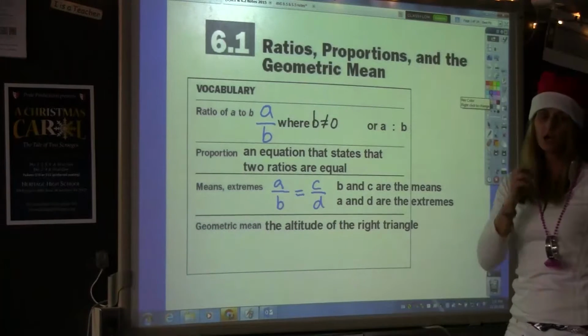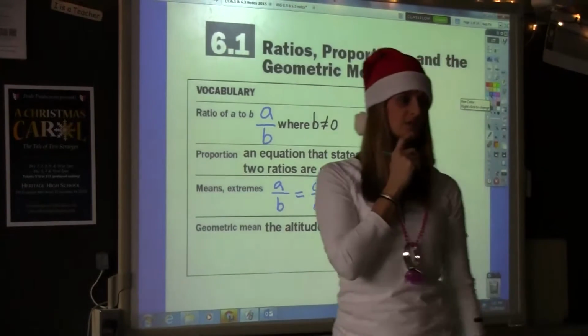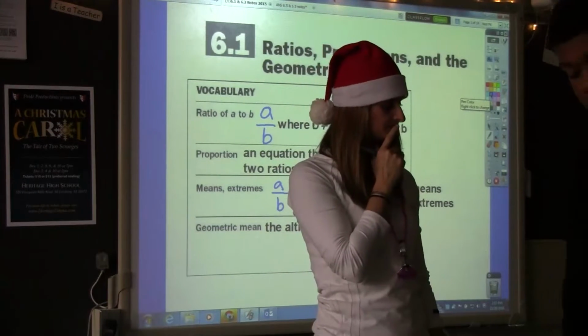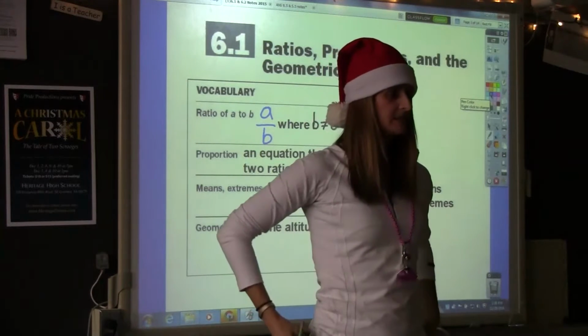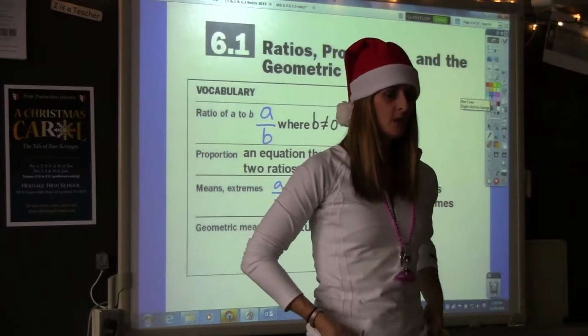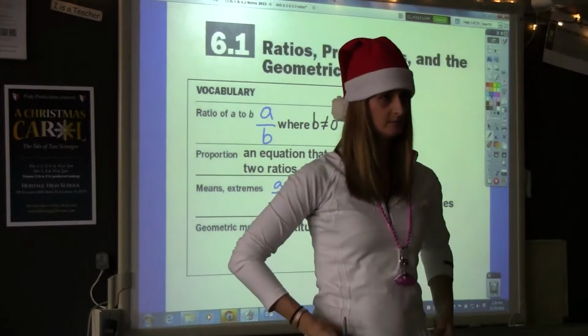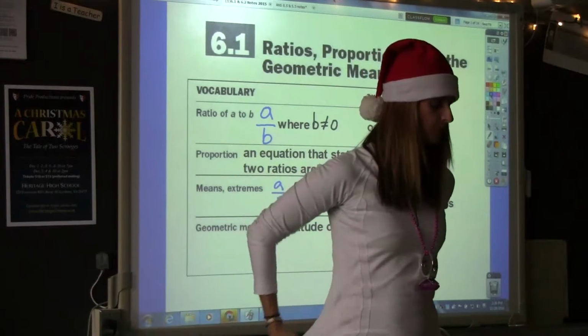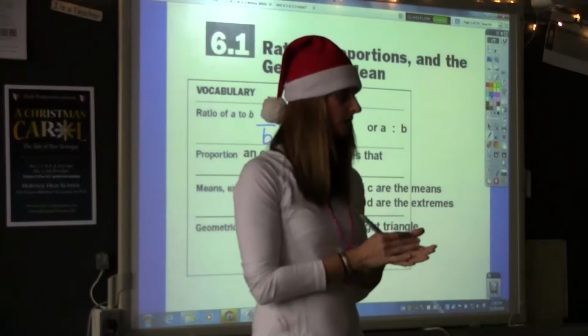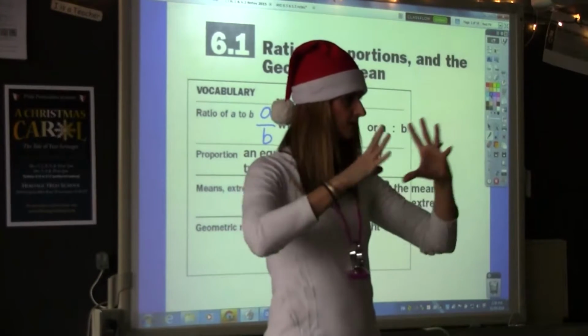So today we're going to start this whole chapter. We just finished congruent triangles, right? Same shape, same size. Now we're going to be working with similarity. Same shape, different size. Okay, possibly. Proportionality. In order to do that, all of our sides are going to be proportional for these triangles.